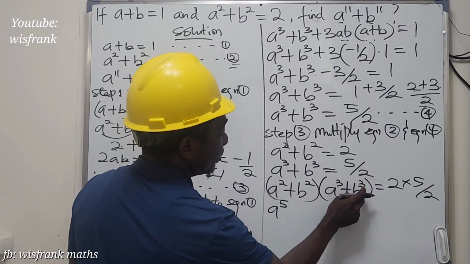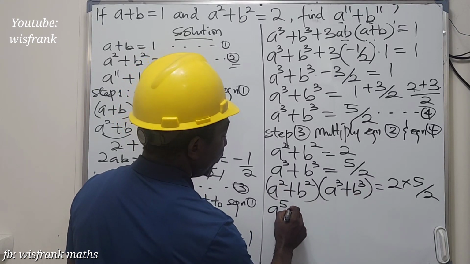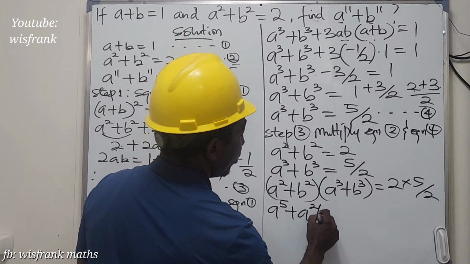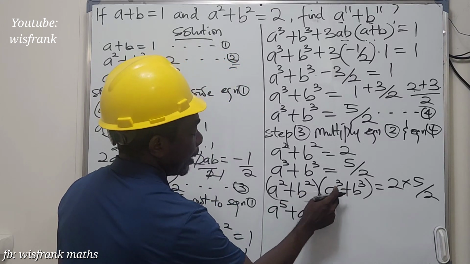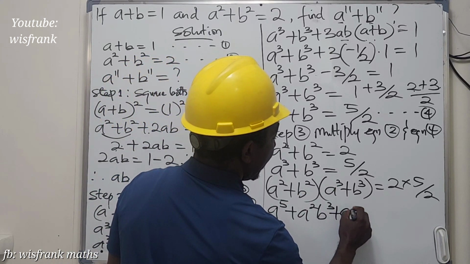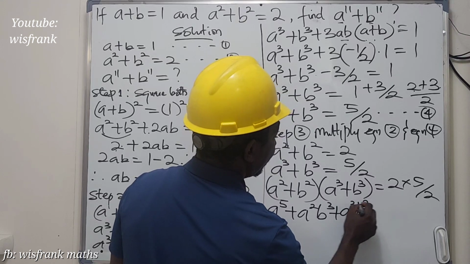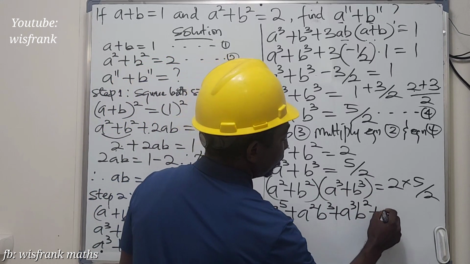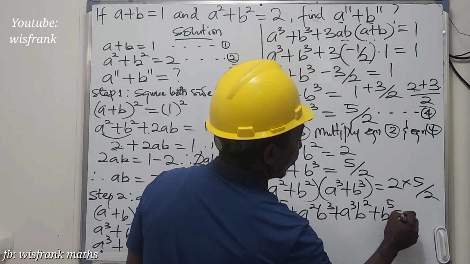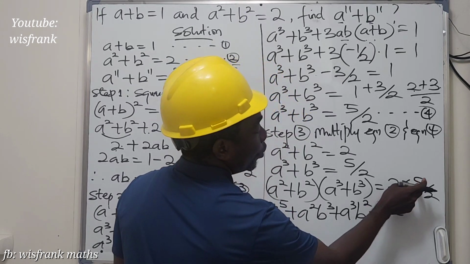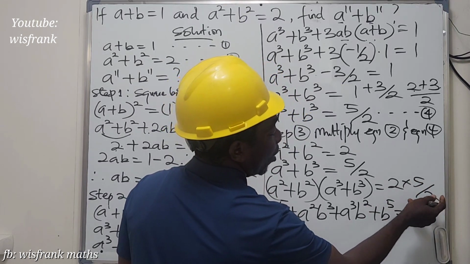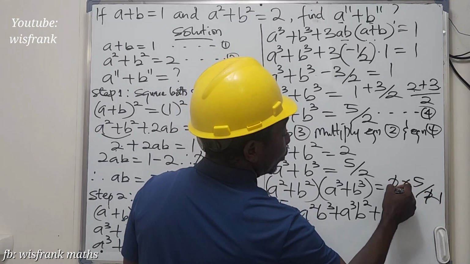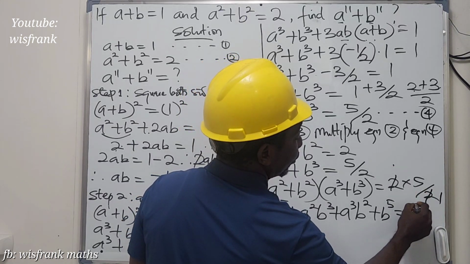A to the power of 2 times b to the power of 3 gives plus a to the power of 2 b to the power of 3. This gives plus a to the power of 3 b to the power of 2. B to the power of 2 times b to the power of 3 gives plus b to the power of 5, equals 2 times 5 is 10, or as well the 2 will cancel here and the 2 will cancel here. This will be equal to 5.